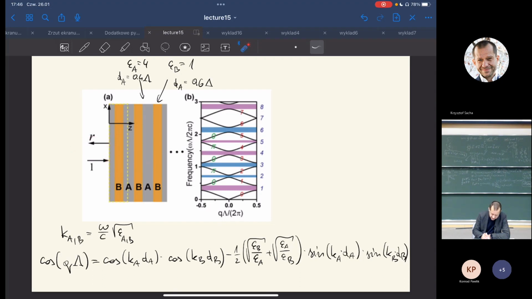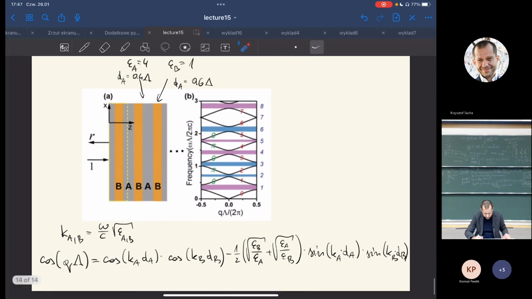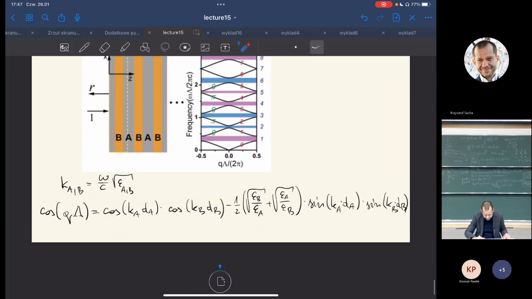But when we choose the frequency in the gap between the bands, then there is a total reflection of the wave from this medium. So that is the short description of the photonic crystal in space. And now we are ready to switch to the photonic crystal in time to compare how it is different from this photonic space crystal.